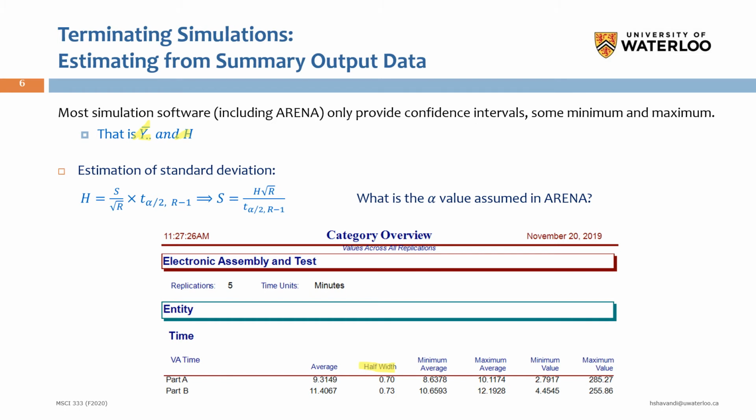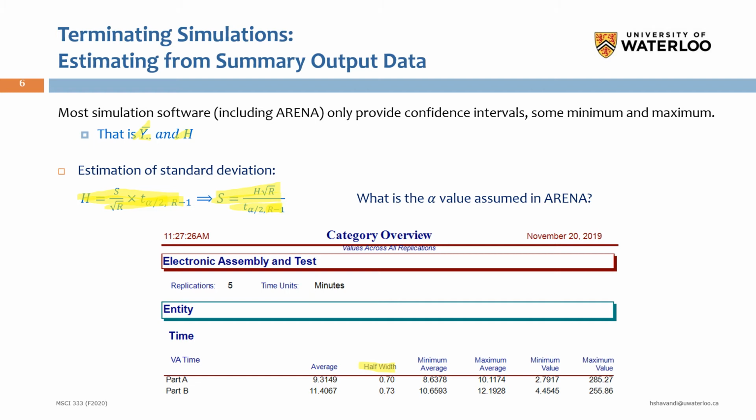So by having the result of Arena, how can we estimate the standard deviation? Here we can use the equation for the half width of the confidence interval, and we can easily obtain S, I mean the estimation of standard deviation, by having the half width and the number of replications.